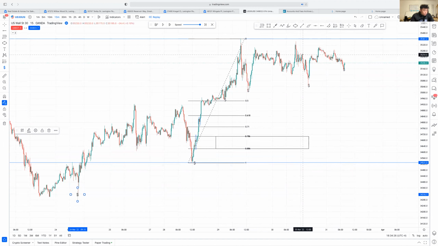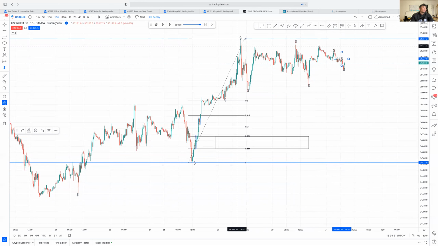And as you guys know, what the banks love to do is go right where they can potentially hurt the most people, and how much money they can grab. So I'm also going to mark up the sellers' liquidity right here, right there, and right over here.